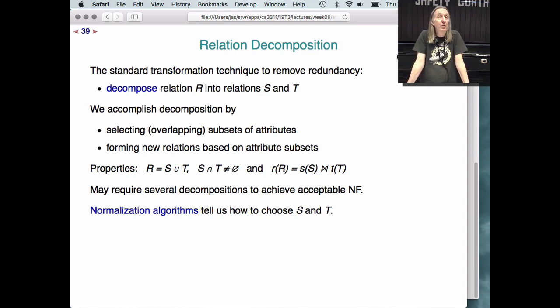Okay, so a standard transformation to move towards a better normal form is to decompose a relation into sub-relations. So you take a relation R and split it into relations S and T. Now you can't just arbitrarily say, right, I've got a table with A, B, C, D, E, F, I'm going to make a table with A, B, C and another table with D, E, F. Part of the deal is that you want to be able to reconstruct the original table from the transformed relations.